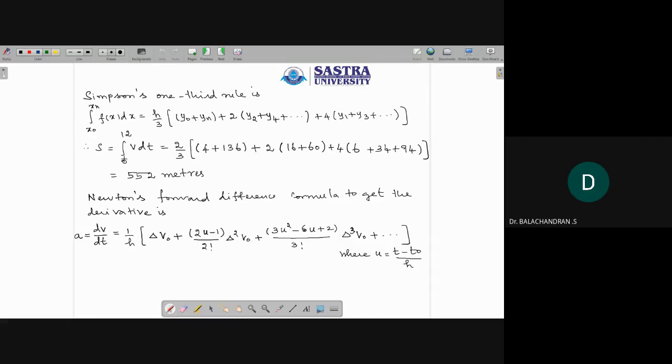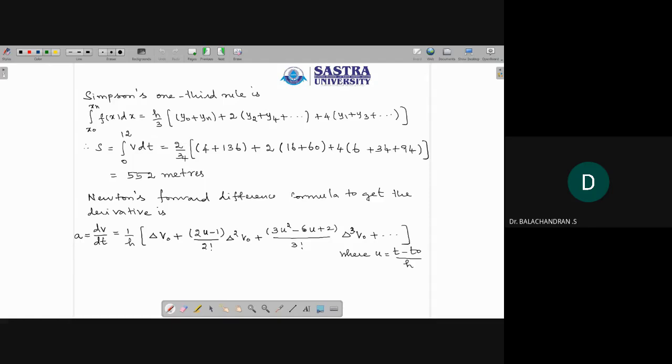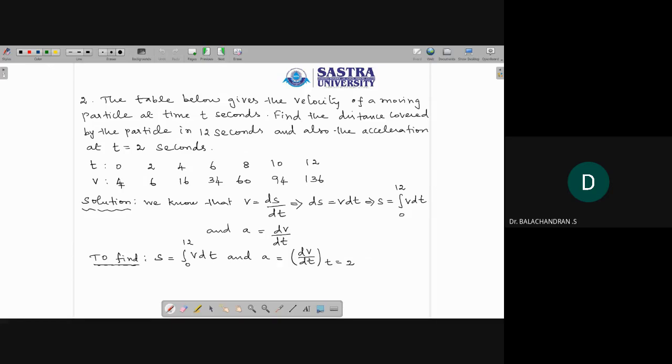So s equals integral 0 to 12 of v dt, and for this I am going to use Simpson's one-third. h is equal to 2. So h by 3, that is 2 by 3, into y0 plus yn. This is y0, y1, y2, y3, y4, y5, y6.